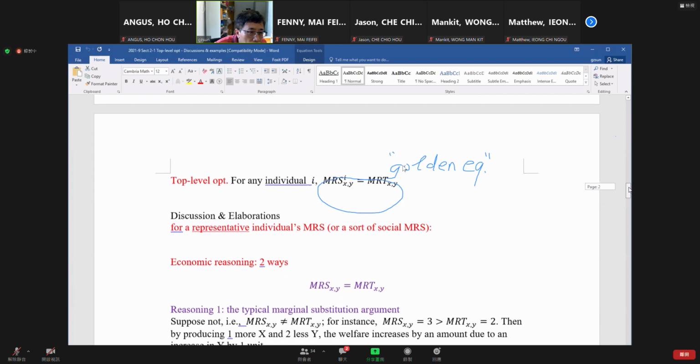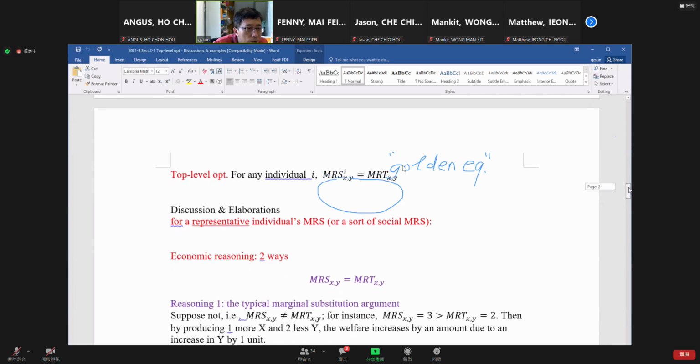The first one is let's focus on the so-called representative individual, or a sort of social marginal rate of substitution. This one means we can take one person, one individual. That person, that guy, can be representative of the whole society.